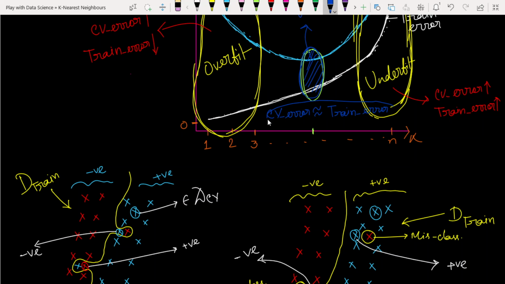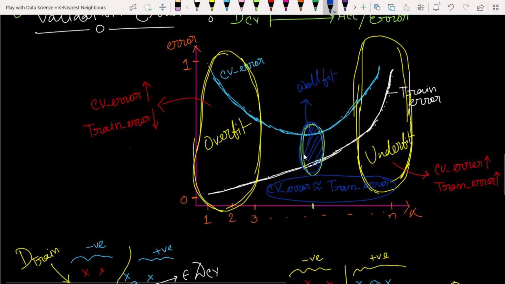In such regions we say that our model is well fit.